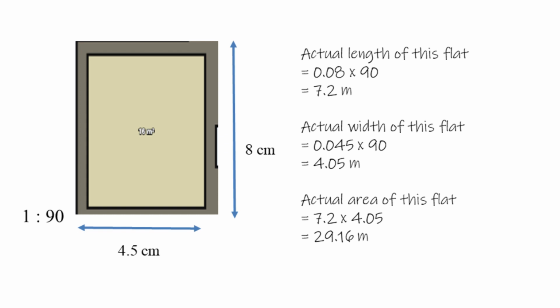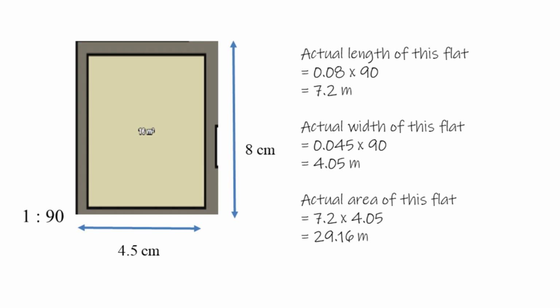The actual length of the flat should be 0.08 multiplied by 90, which equals 7.2 meters. The actual width of the flat should be 0.045 multiplied by 90, which equals 4.05 meters. The actual area of the flat thereby equals 7.2 meters multiplied by 4.05 meters.